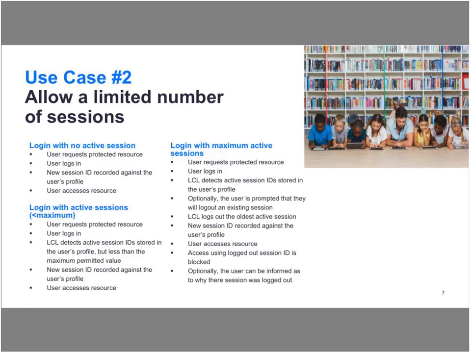So when there's less than the maximum number of sessions, then as the user is logging in, the module adds the new active session to the list of active sessions against the user's profile and allows the user to log in.